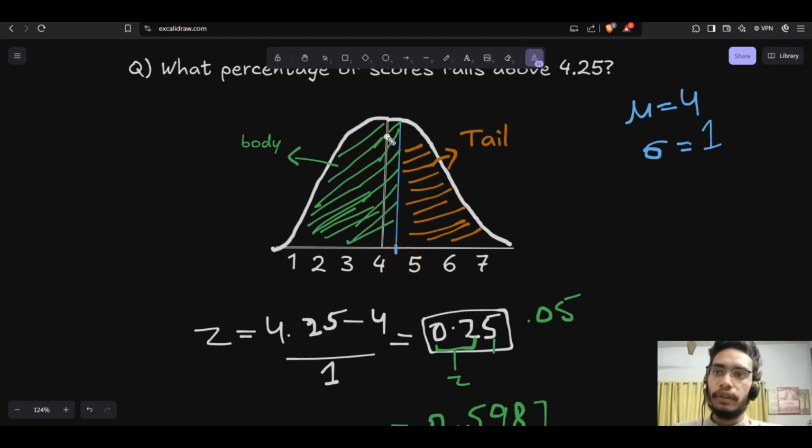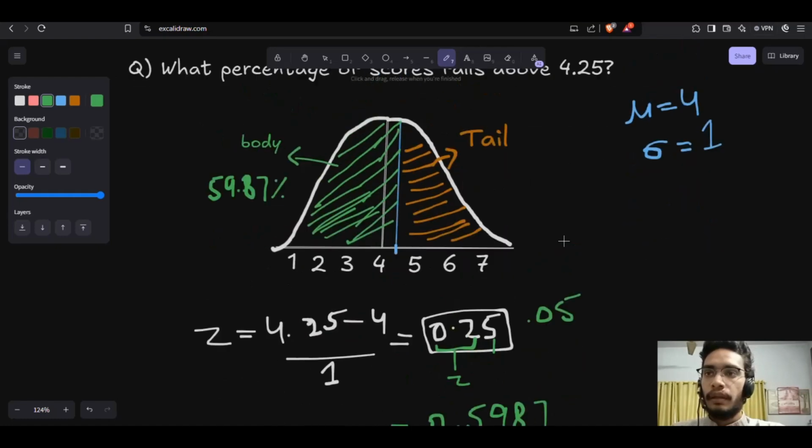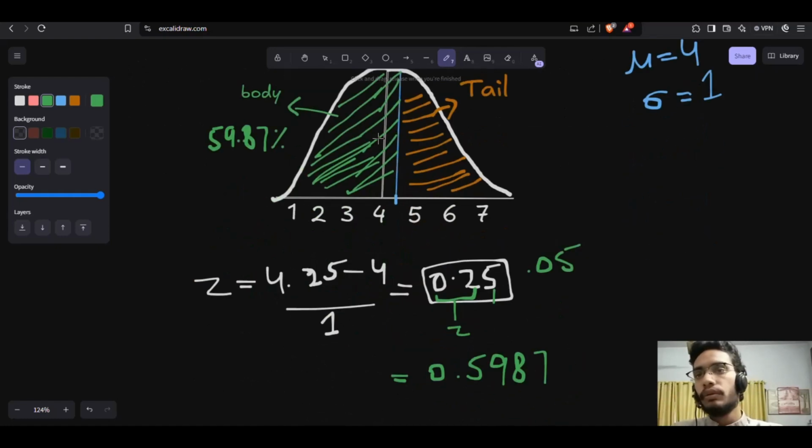Before this 4.25, the whole data present here is approximately equal to 59.87%, right? So you identified how you can find the whole percentage of values that is present on this side, right?